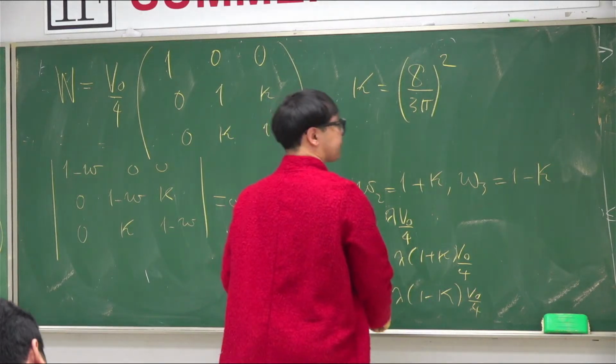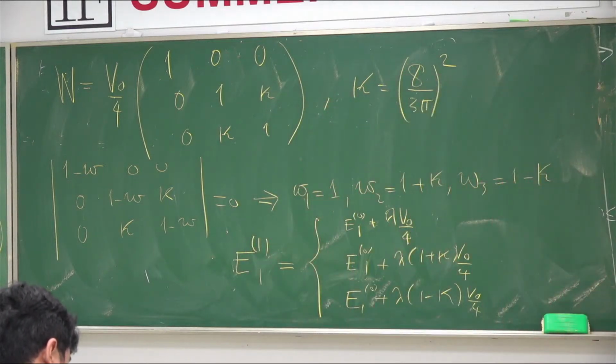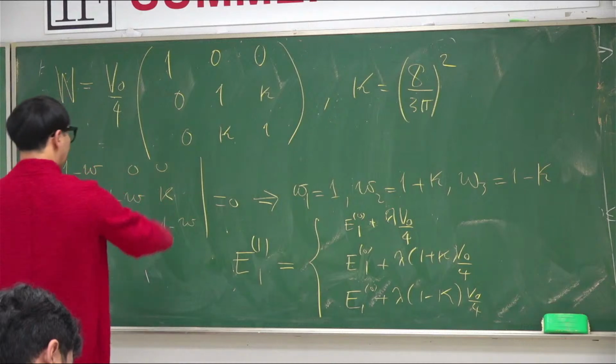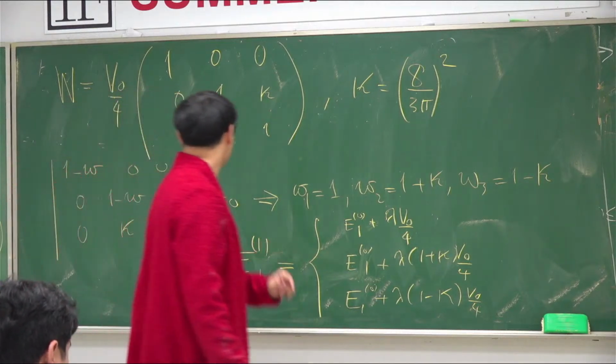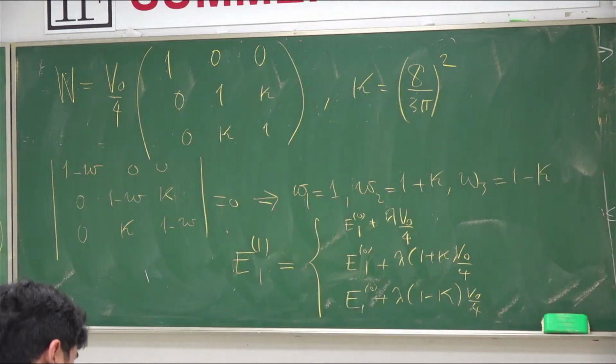Okay. Don't forget that once you compute the eigenvalue, you need to multiply this whole factor back, right? Then you get this contribution to the first excited state.